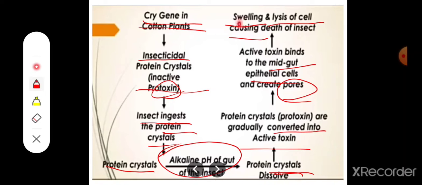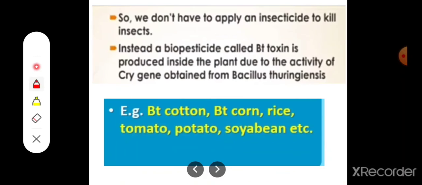So without the use of chemical pesticides, we have killed that insect using a genetically modified plant. Clear, children? So we do not need to apply an insecticide to kill the insect. Instead, a biopesticide is used. What is this biopesticide? It is the Bt toxin.